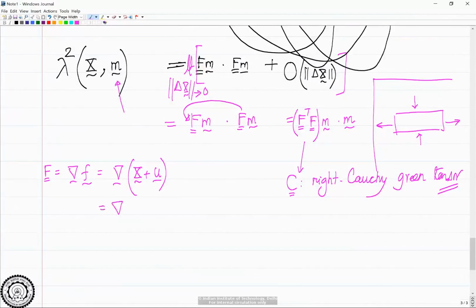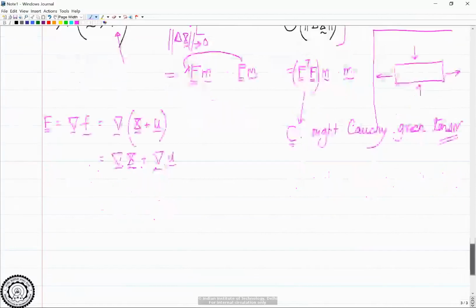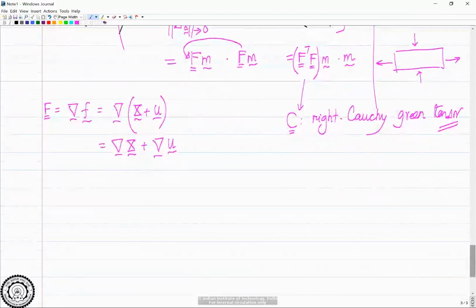So this is the same as gradient of capital X plus gradient of u. And by the way, you have to remember that these gradients are Lagrangian gradients with respect to undeformed coordinates, not with respect to deformed coordinates.